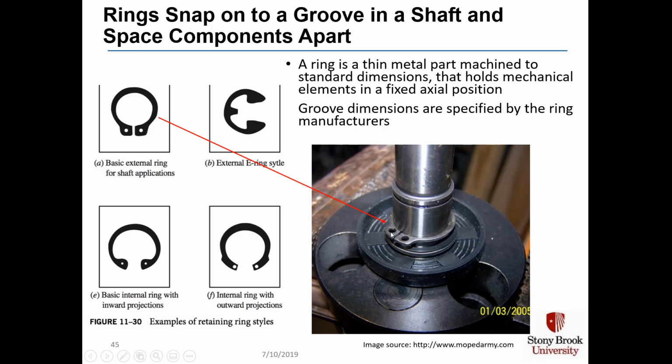Then you take the ring, in this case style A, and you snap it into the groove. And at that point, whatever part is up against the groove is in a known location. Different types of grooves give different amounts of axial load that they can handle before the ring itself gives way. The strongest of all is this one called an external E-ring style, choice B.